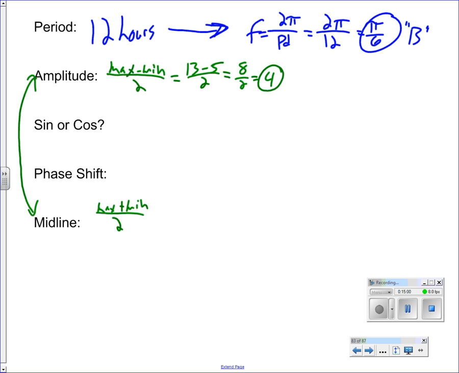So this will be the amplitude, my vertical stretch, for the function. We'll do the same thing here, finding the midline. Maximum will be 13, minimum 5. We're going to add them together, taking the average, that's 18 over 2, and that's going to be 9. So that's going to be k when I write my function.